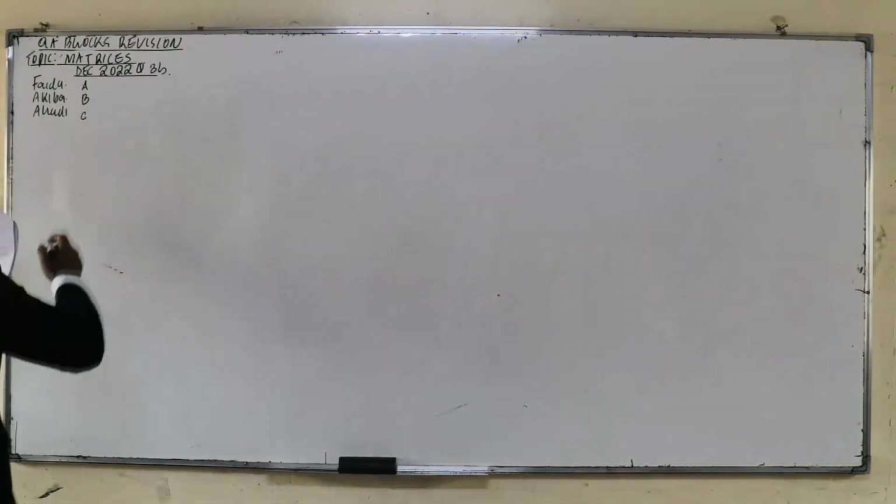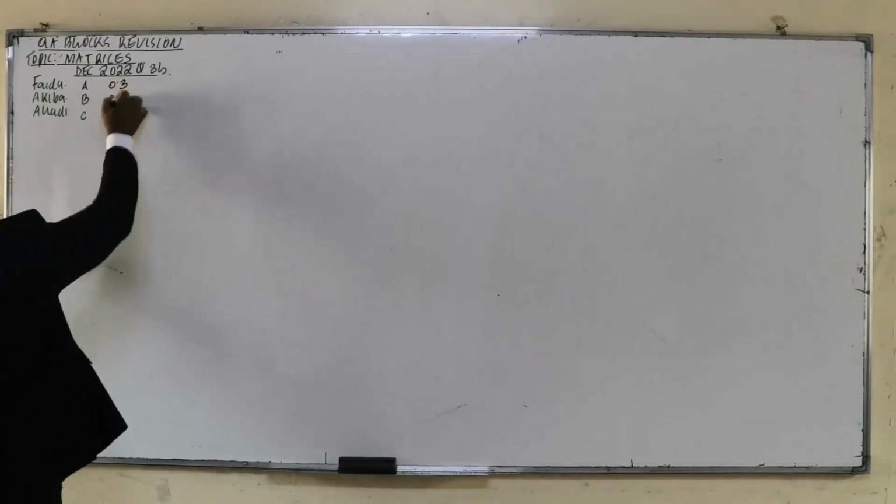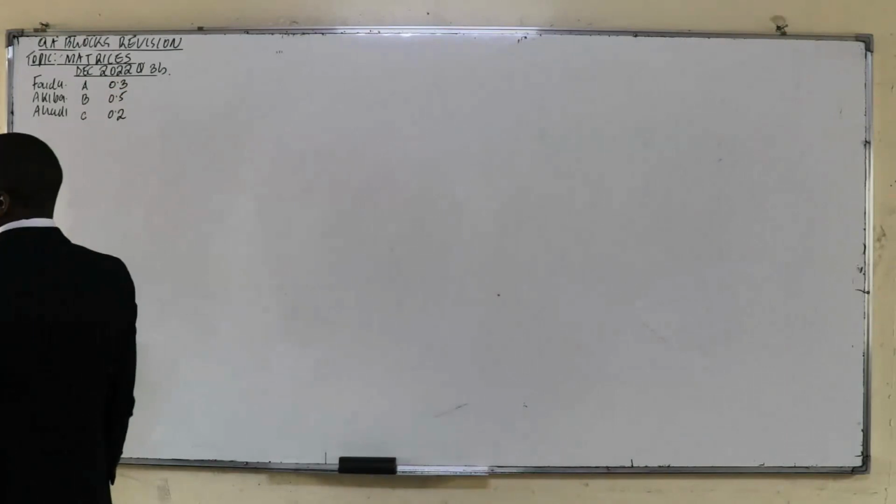So they are controlling 30%, so it's 0.3, 0.5, and 0.2.